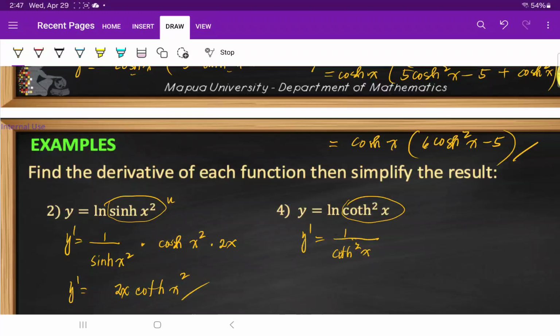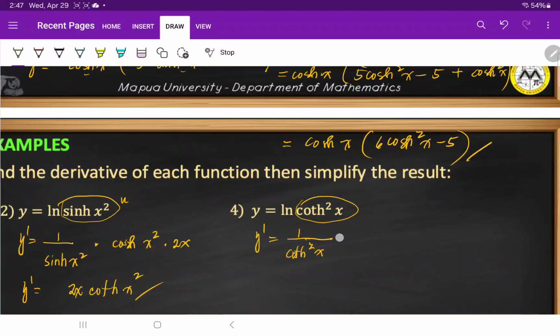For the derivative of hyperbolic cotangent square x, you can write hyperbolic cotangent square as hyperbolic cotangent x squared. So that you can find the derivative, which is u to the n: n hyperbolic cotangent x to the 2 minus 1. And the derivative of hyperbolic cotangent is negative hyperbolic cosecant square x.